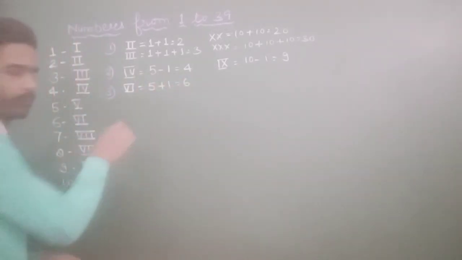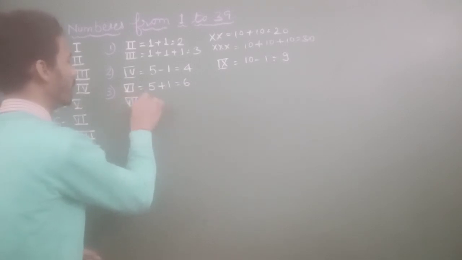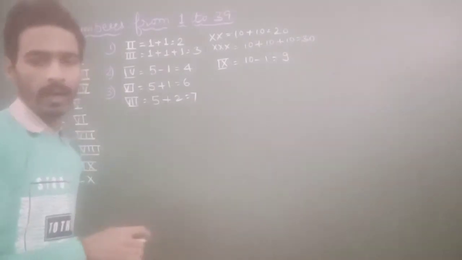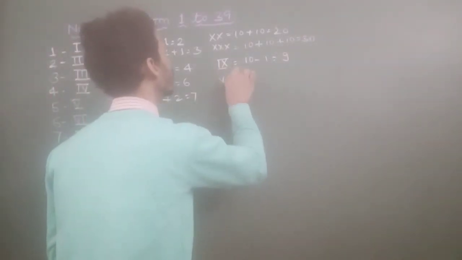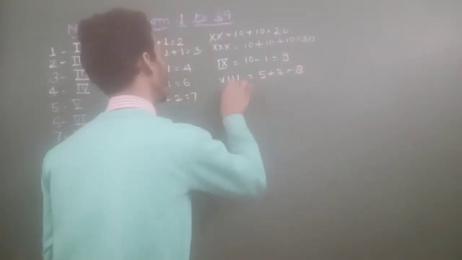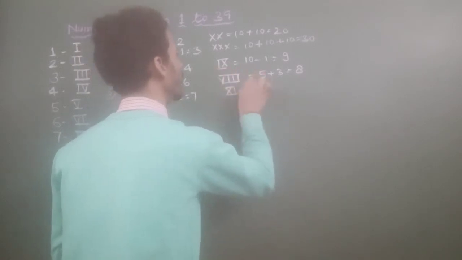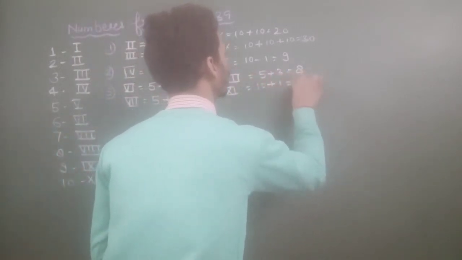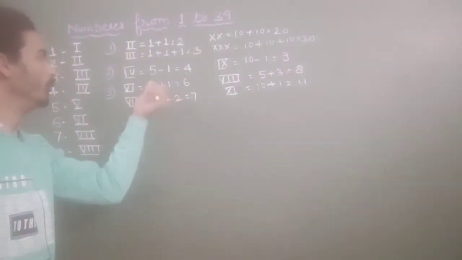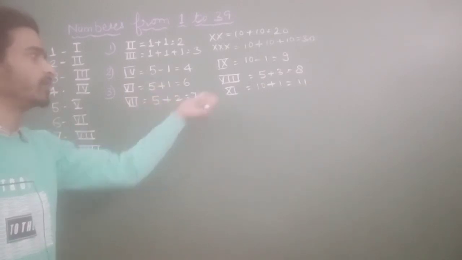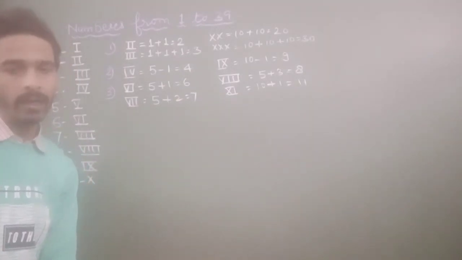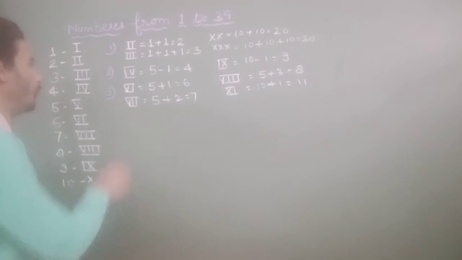VII is 5 plus 2, 7. V triple I is 5 plus 3, 8. XI means 10 plus 1, 11.